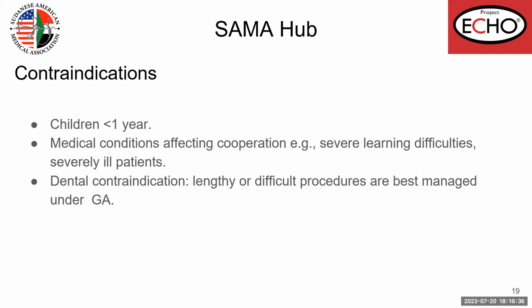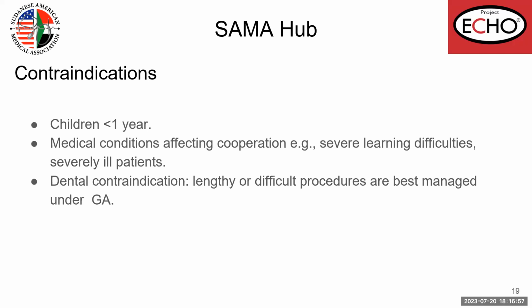Also, I should go for general anesthesia. Medical conditions affecting operation, like severe learning difficulties, severely ill patients. For those patients, it's better to go for general anesthesia and not for sedation. And there is also dental contraindication, as we mentioned before.